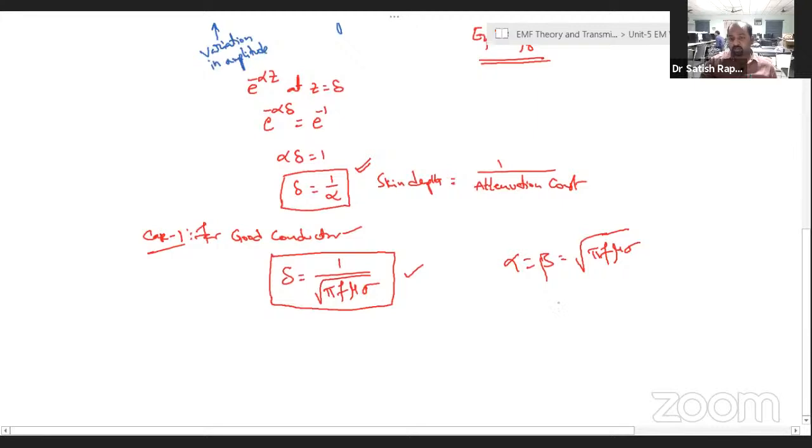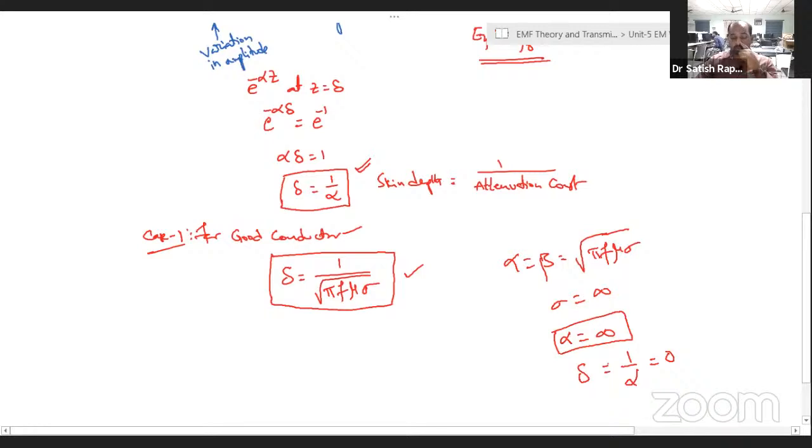For a good conductor, as we know, sigma is equal to infinite. Conductivity is infinite. Therefore, alpha is equal to infinite. When alpha is equal to infinite, what is skin depth? Skin depth is 1 by alpha, which is equal to 0.